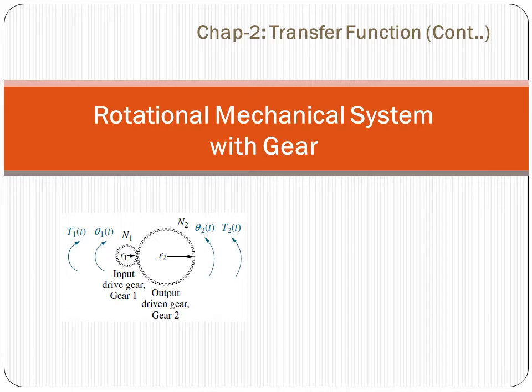We are all more or less familiar with gear. We know there are the small one and another one is bigger one. When this gear works just like a lever, I hope you more or less can remember how the lever works.